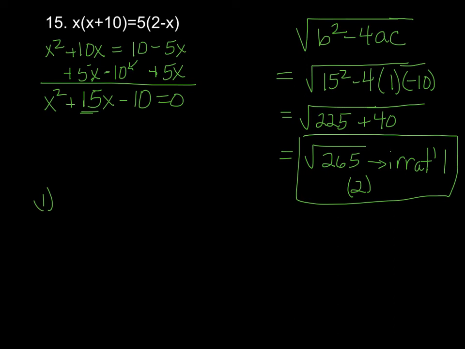All right, now let's look at choice 1, though. Choice 1 says 2 rational unequal roots. That would be like if I had the square root of 16, or if I had the square root of 121. Those are all perfect squares. So positive perfect squares would give us rational unequal roots.